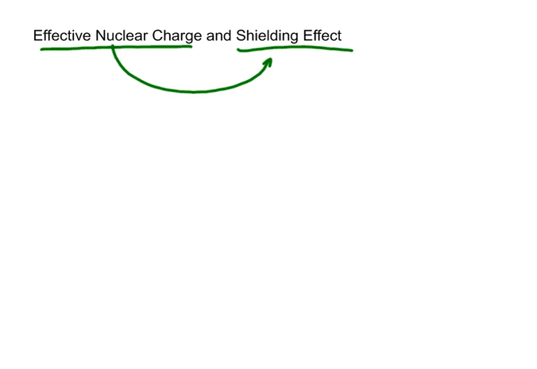But mainly, I don't need you to see the connection between those two. If you do, great. But if you know effective nuclear charge and how to calculate it and how it affects things like ionization energy as you go across a period, good. Shielding effect, along the same lines, but in this case, shielding effect doesn't really play a big role going across, but it does play a big role going down a group.